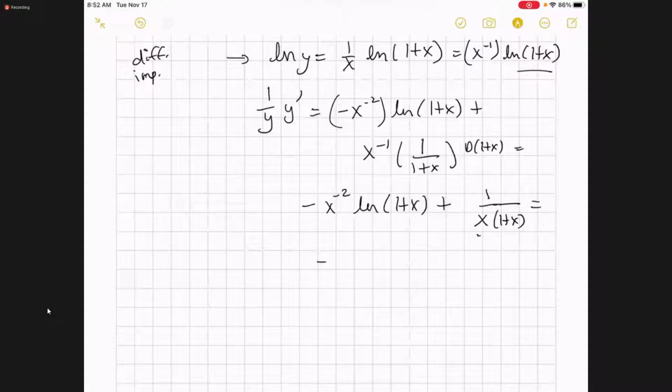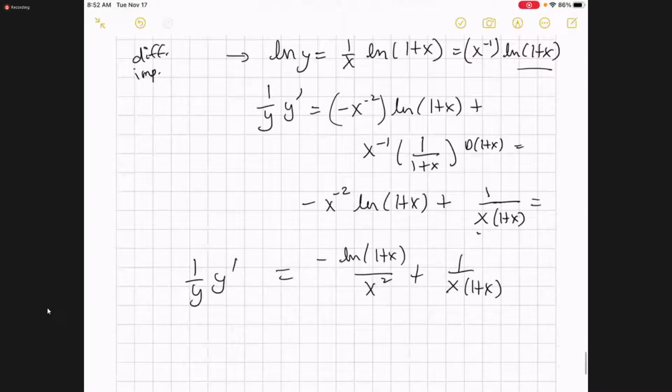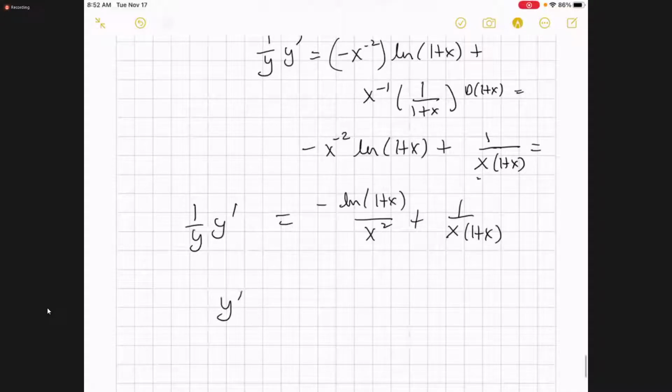Okay, so that's minus ln of 1 plus x over x squared plus 1 over x times 1 plus x. And that's equal to, not y prime, but 1 over y times y prime. So y prime is y times all of this.